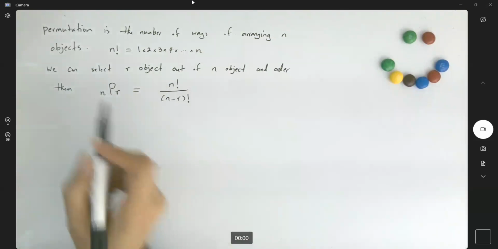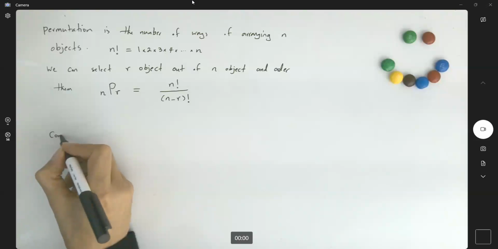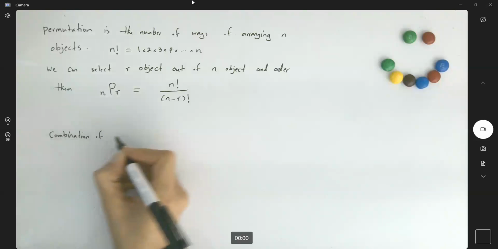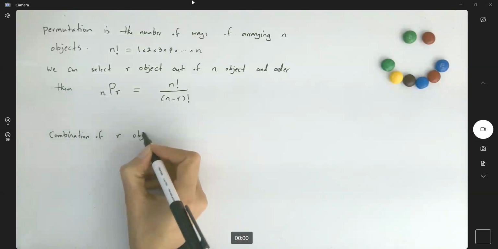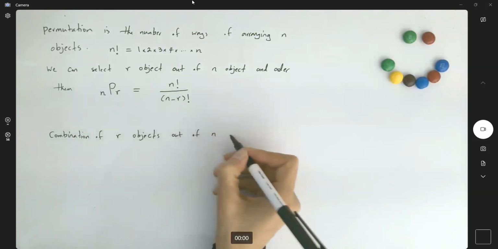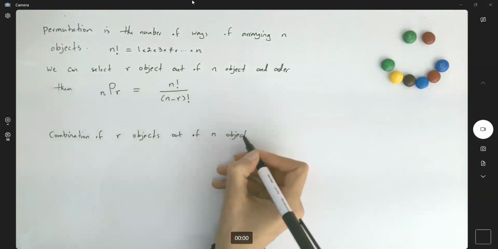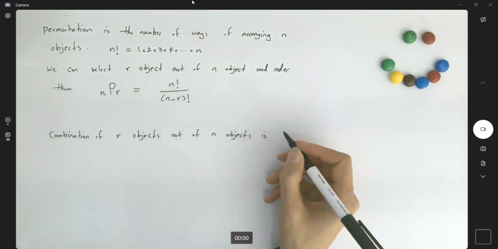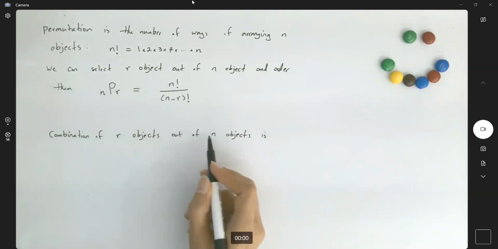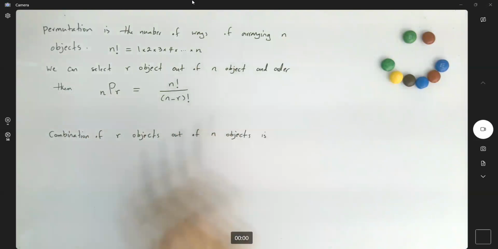combination. When we're talking about combination of R objects out of n objects, it is actually different ways of selecting our objects out of n objects, and we don't care about ordering.